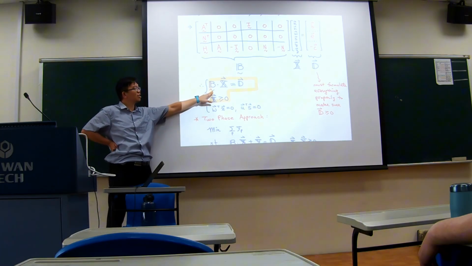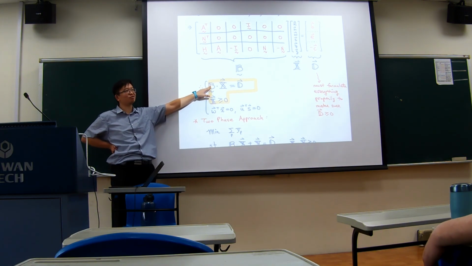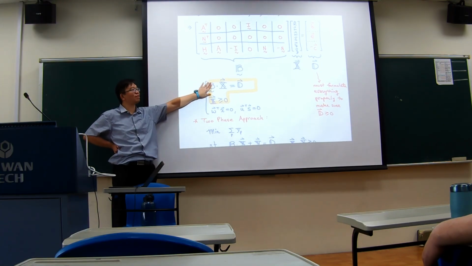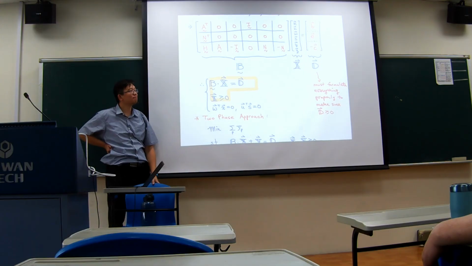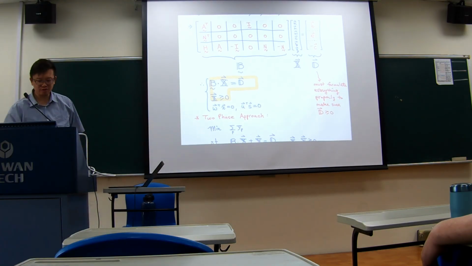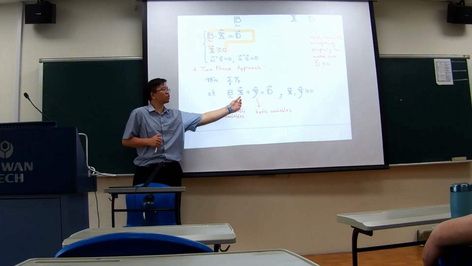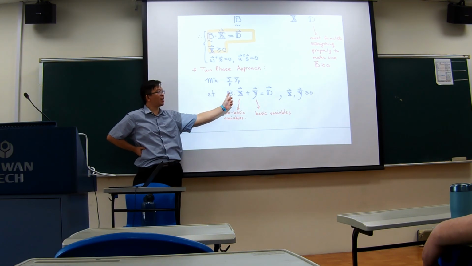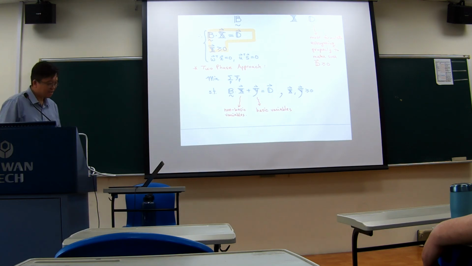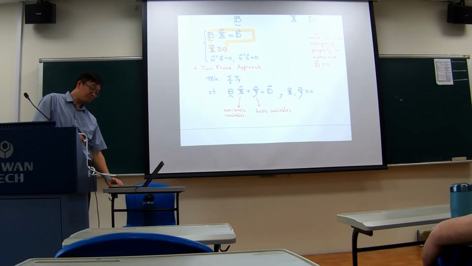You cannot just invert B and put it on the right because B is not a square matrix. You cannot use least square approximation either; it may not be the right solution. So one way to solve this is to use this two-phase approach. It helps you find feasible solutions of x that satisfy Dx equals d. That's a very interesting way to solve QP.